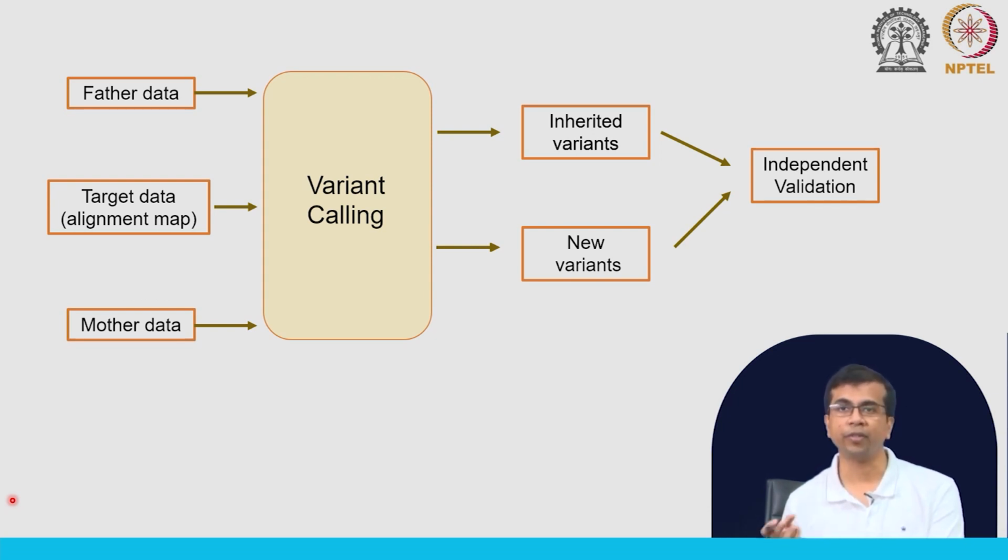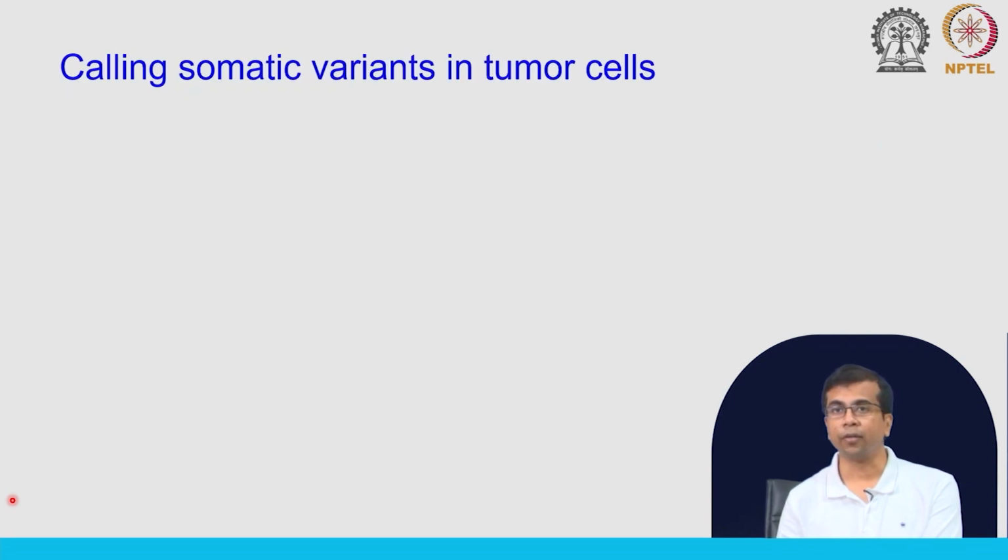Once we have this validation done and we see that we are identifying mostly true positive ones, then we can be confident about our variant calling pipeline. So, this is again a trial and error process. These independent validation experiments also help in validating the pipeline that we use. We will also talk about how we call somatic variants in tumor cells.